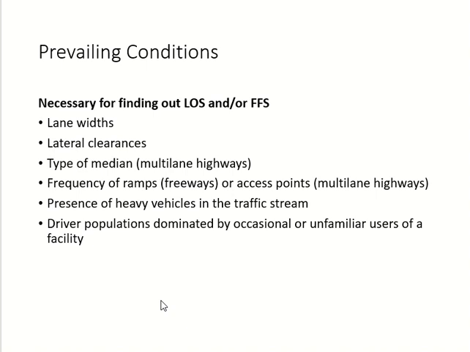If it's a multi-lane highway, we should know the access points. What is an access point? It's an unsignalized entry point to the highway. It's not an intersection. You can just enter the highway, like a right turn.